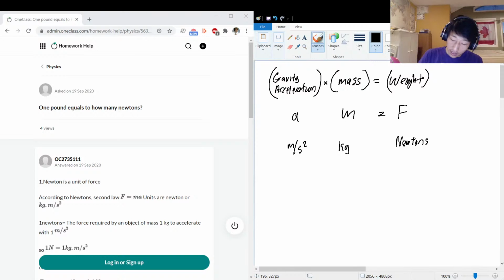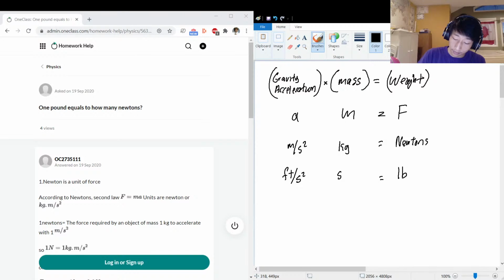So weight as a force is in pounds. Now if we go backwards to F equals ma, the gravity acceleration, Americans, or not just Americans but people who use the imperial system, mostly Americans, like to use feet and stuff like that. So it's feet per second squared for them. And you know what they use for mass? It's a unit called slug.